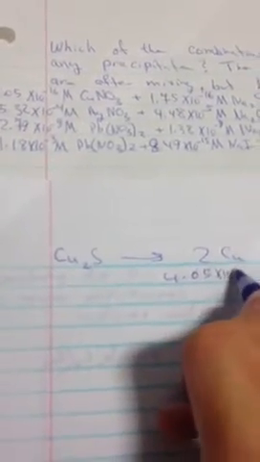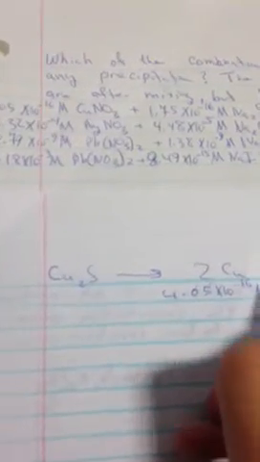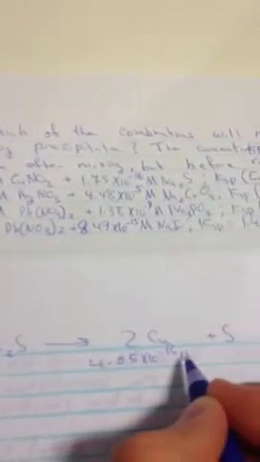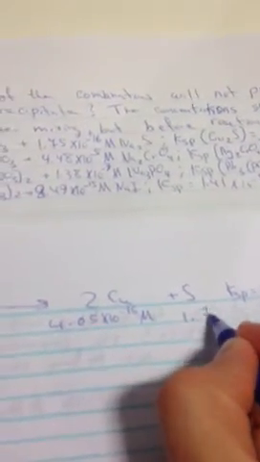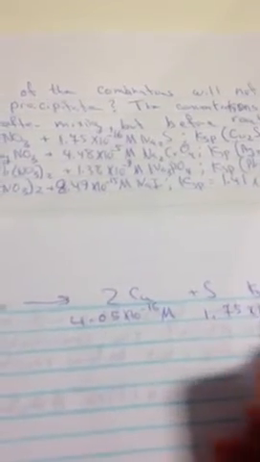So the concentration of Cu is 4.05 times 10 to the negative 16, and the same thing here, 1.75 times 10 to the negative 16.